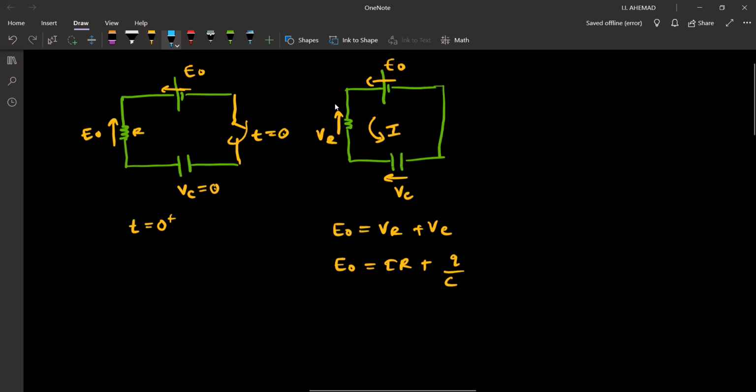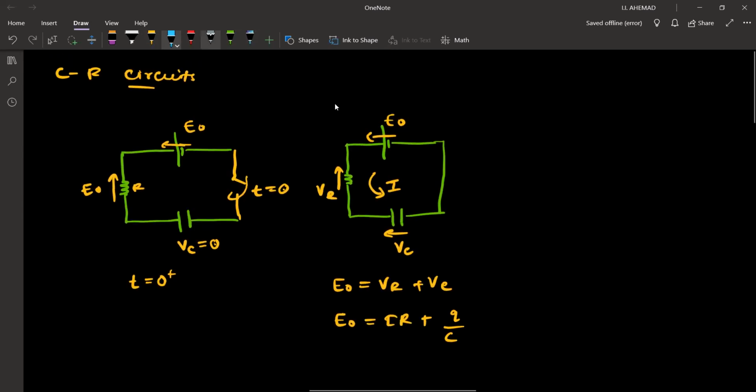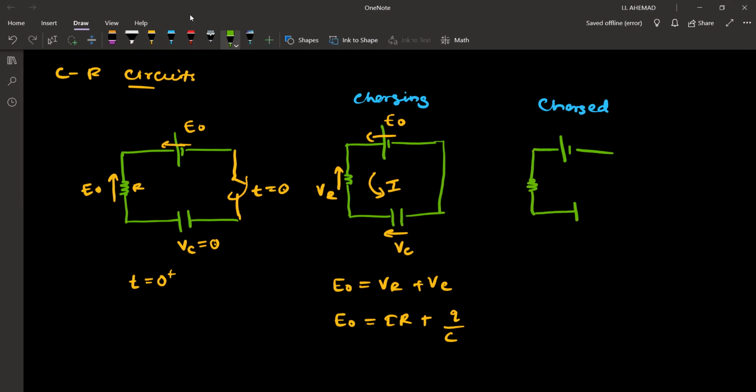Then the capacitor gets charged completely. This is the charging situation. In the charged case, when it is charged, the current in the circuit I is equal to 0.